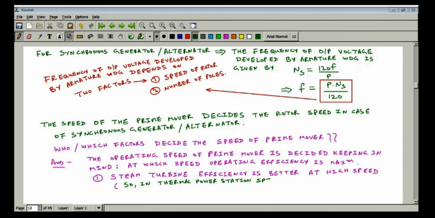So in thermal power station, the speed of the prime mover, which basically means the steam turbine we are talking about, is towards the higher end.